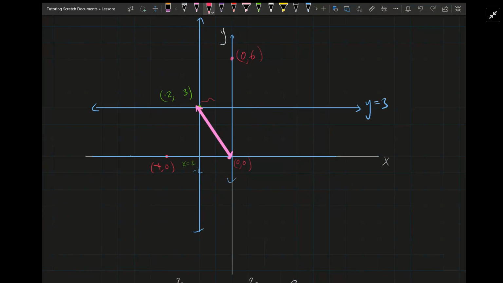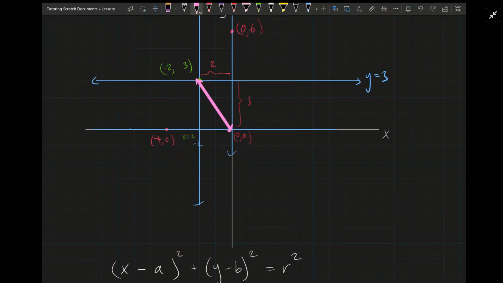This distance is 2 right here. And this distance is 3 right here. So by the Pythagorean theorem, this is r. r squared is equal to 2 squared plus 3 squared. So r squared is equal to 4 plus 9, which is 13.